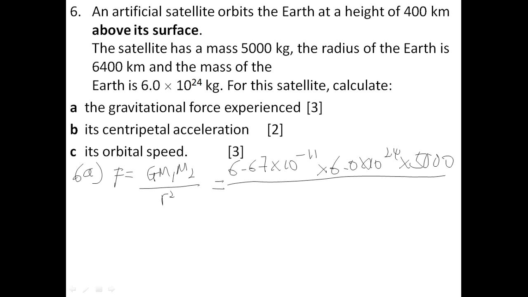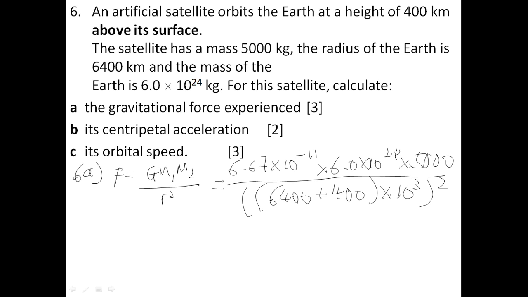So remember that. Now, what is the distance? The distance is not 6,400 kilometer. It's also not 400 kilometer. It should be 6,400 kilometer plus another 400 kilometer, and then square it up.